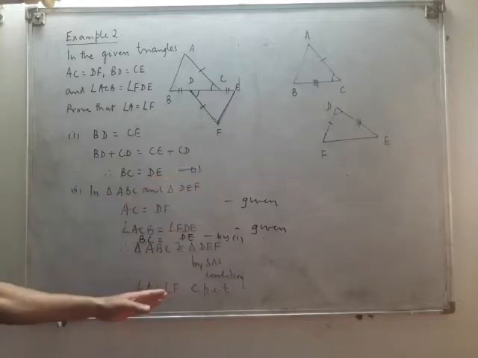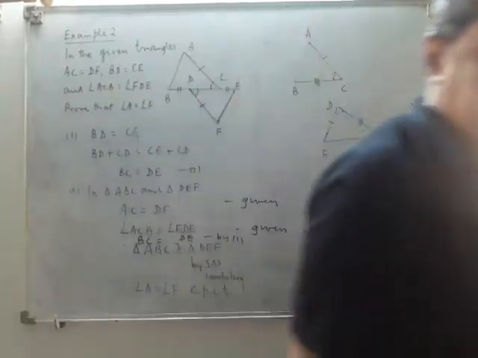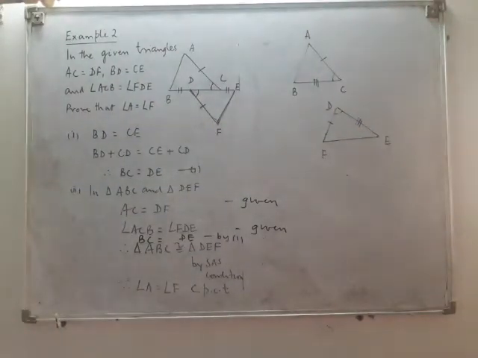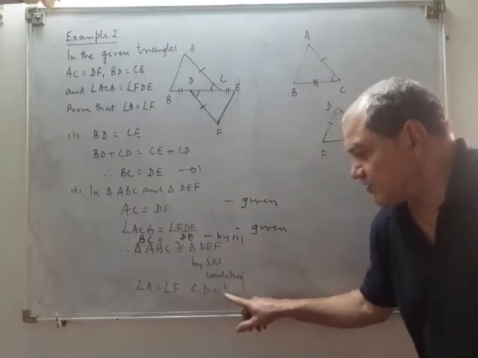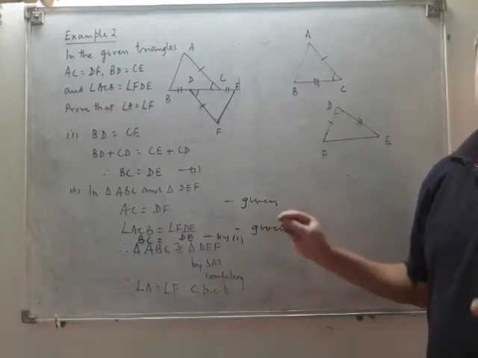And because the triangles are congruent, angle A will equal angle F. CPCT. What is the meaning of CPCT? CPCT means corresponding parts of congruent triangles.